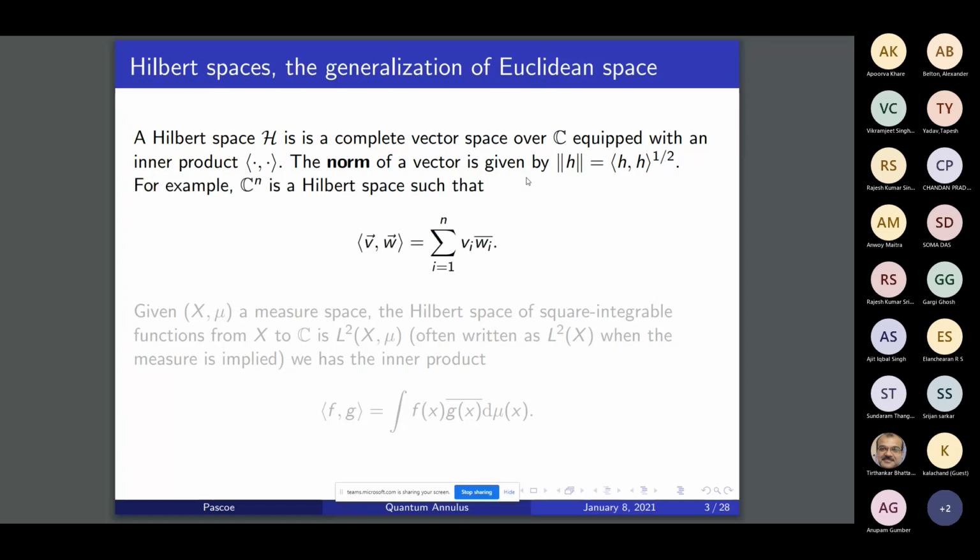If you haven't dealt with them by hand before, you've probably encountered them before in disguise. So Cn is a Hilbert space where, whenever we take v and w as vectors, we just take the component-wise product and conjugate the w_i. The conjugate, because we're working over a complex vector space.